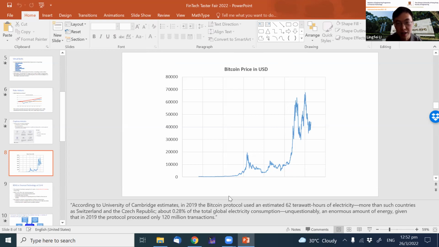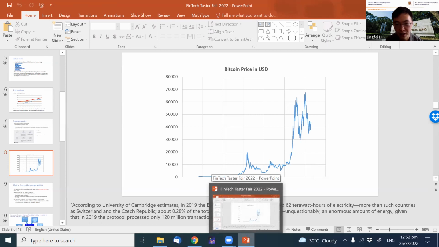Given the initiatives around the world to push for green agendas, if Bitcoin cannot cut down its consumption of electricity, at least it should switch to using green electricity. If it cannot improve, then there's a real danger that it won't survive in the long term. And the third one is about the slow speed of processing a transaction.